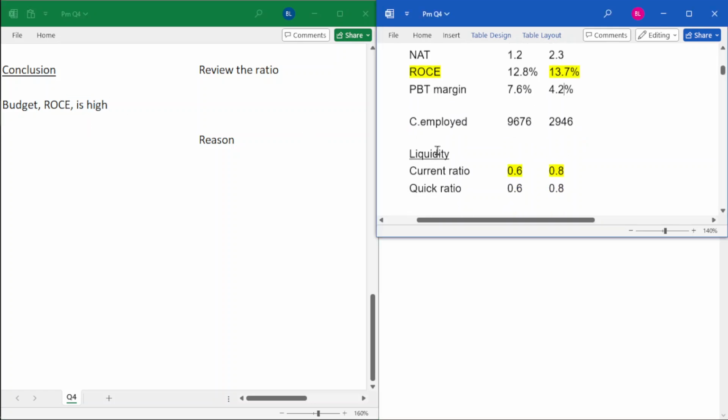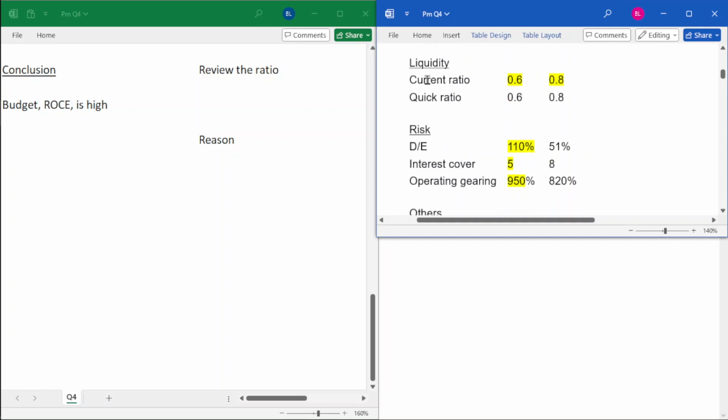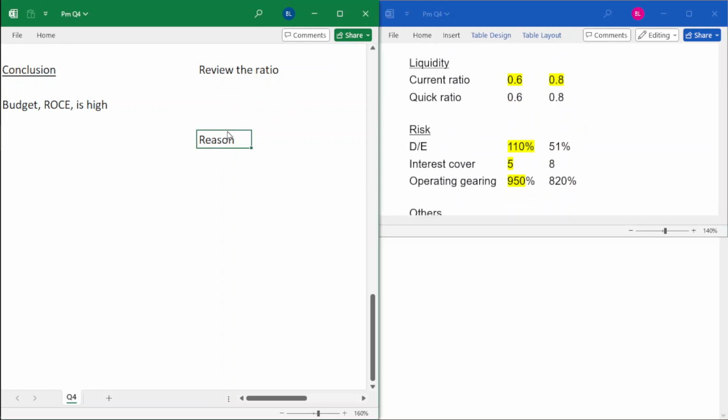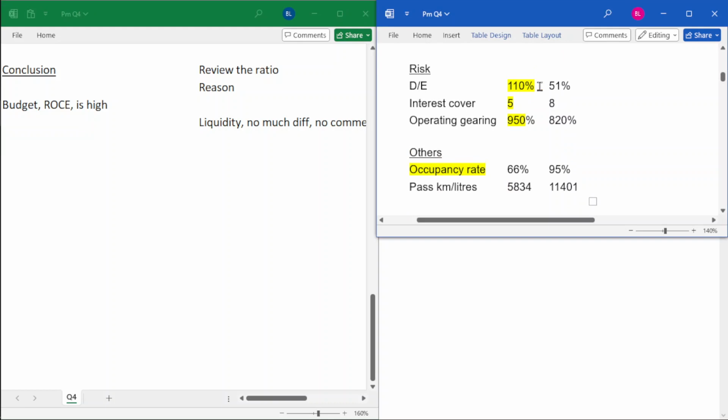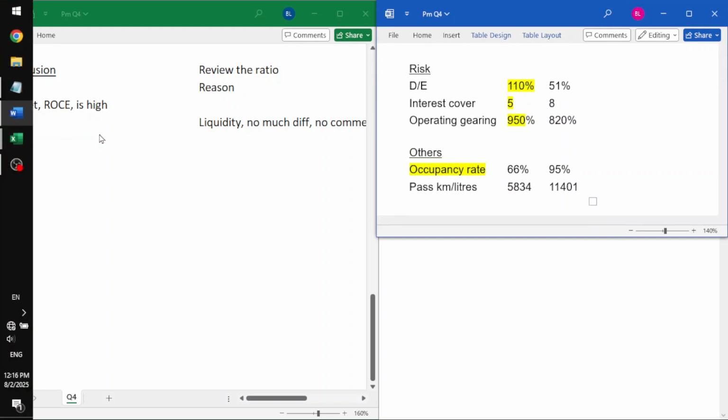Then let's continue. Liquidity is not much different, right? So I have no other comment. Then the business risk: this one is more risky, right?